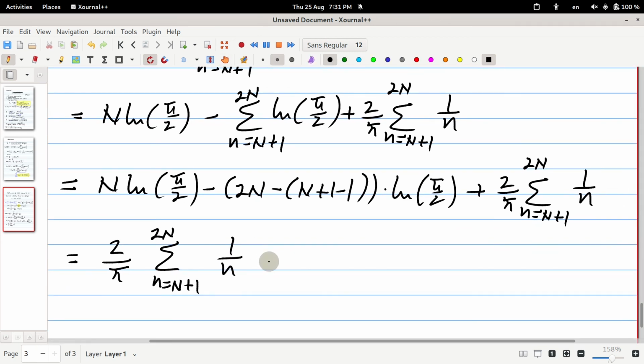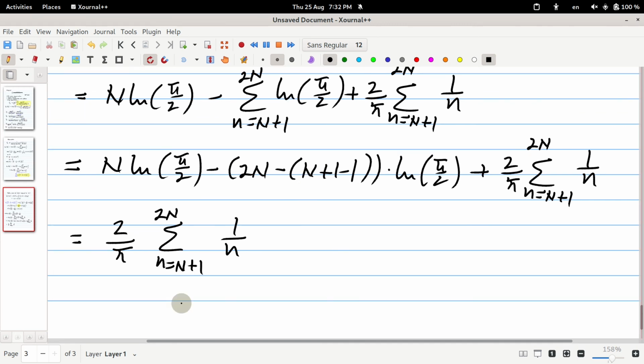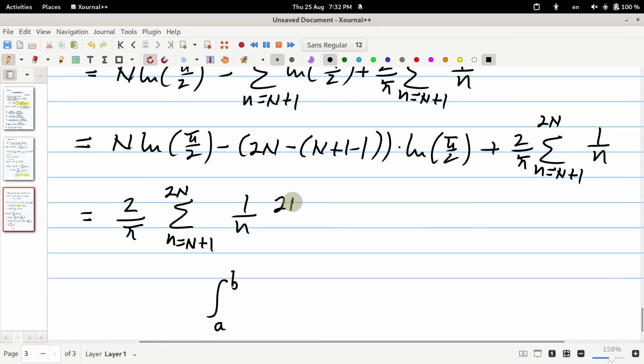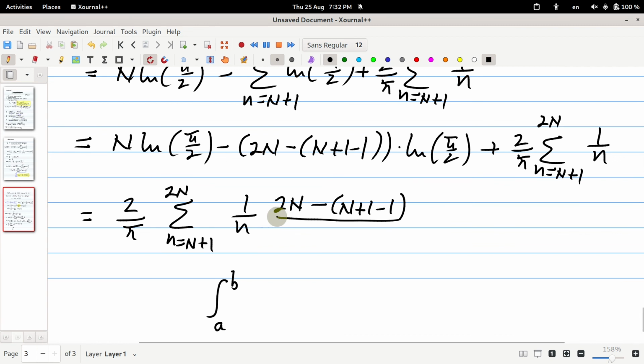Now this is the last trick that we're going to use, which is the Riemann sum definition of a definite integral. We can multiply by 1, n over n. So that'll be 2n minus n plus 1 minus 1, over n.